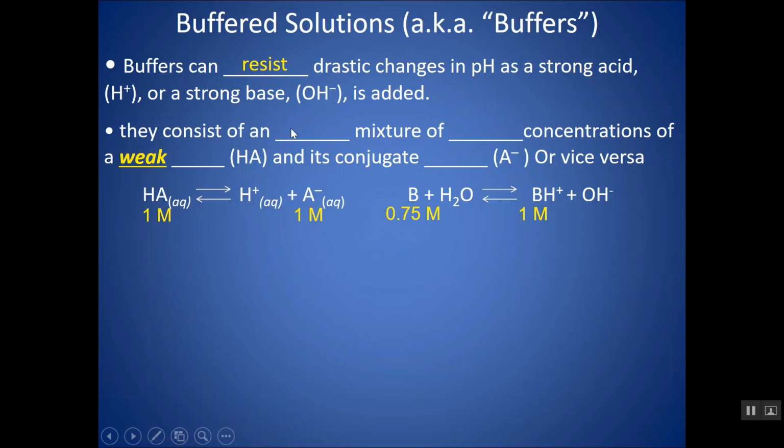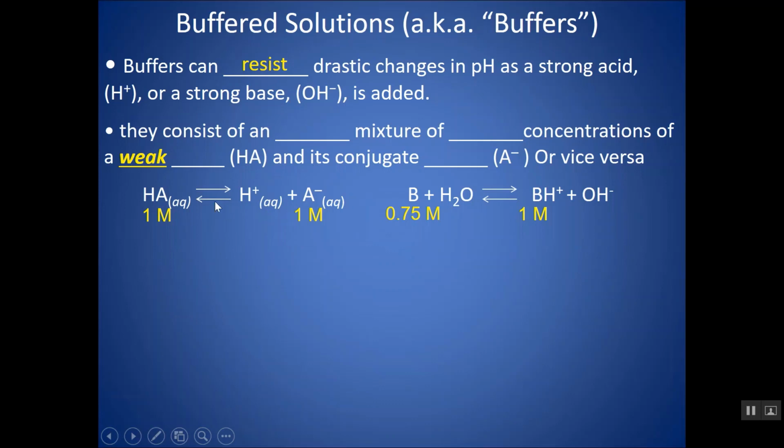So if you were to add a strong acid, which is a source of H plus, this reaction could shift to the left to use it up and also use up A minus and create more of the acid. If you were to add a strong base, OH minus, then the H plus would react with that OH minus, it would go down, and the HA could shift to the right to create more of it, and also to resist further changes with adding more strong base.